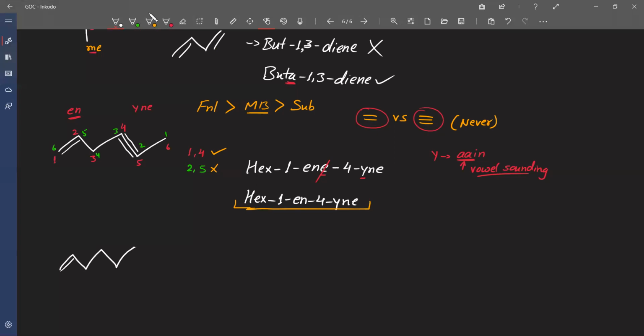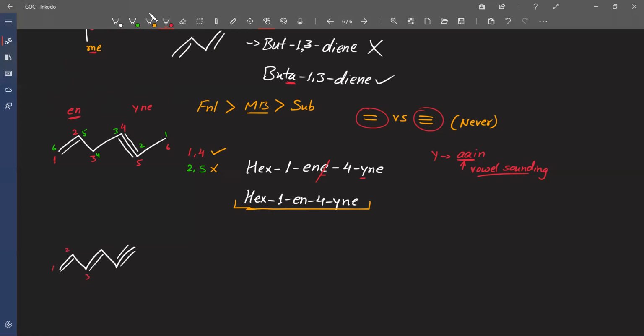A double bond here, a double bond here, and a triple bond here. Hex. First tell me the numbers. Shall I start numbering from left or right? Left.